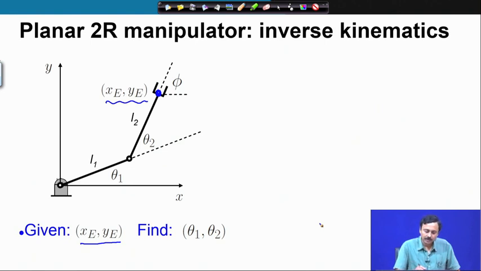We have to find out the angles that result in the specified or desired position of the end effector. So, we have to find these angles theta 1 and theta 2, so that the end effector can be positioned at x e y e as shown.